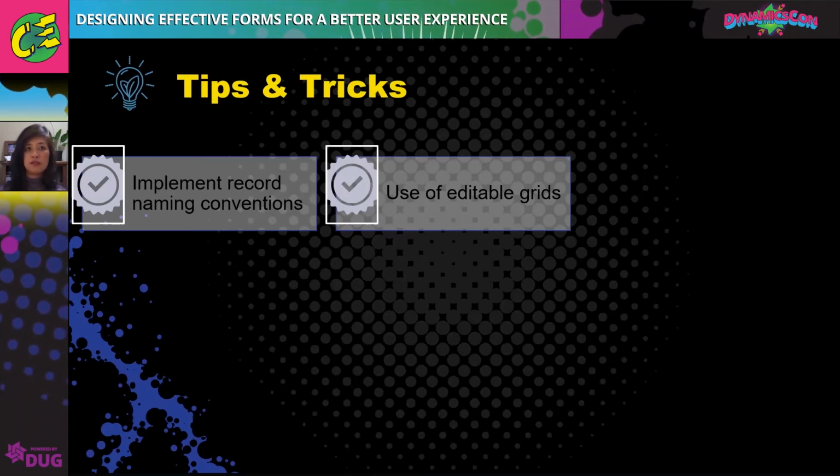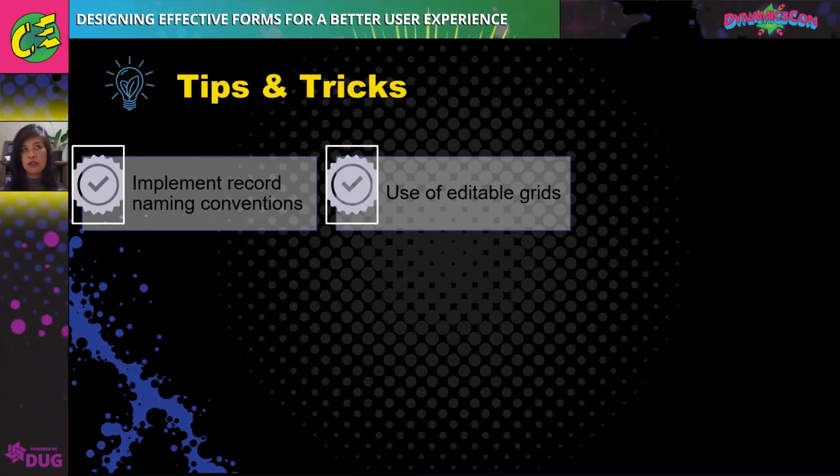Especially if, for example, you have 5, 6 records that you need to update one at a single time, you can't be bothered opening each record and updating the status, closing it, and opening one up again. So use editable grids, and that lets you edit the record on the grid itself.